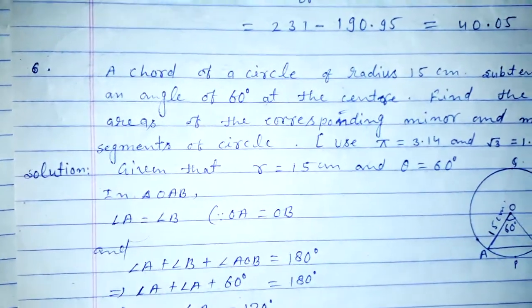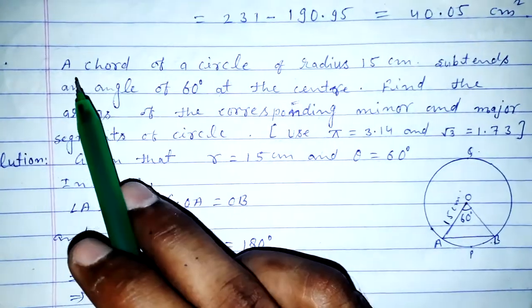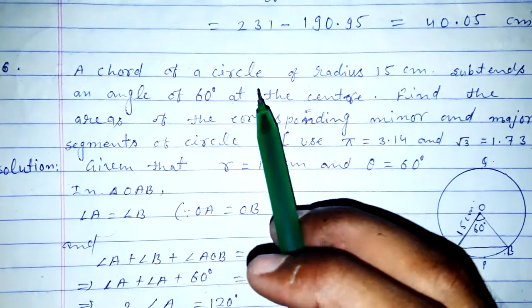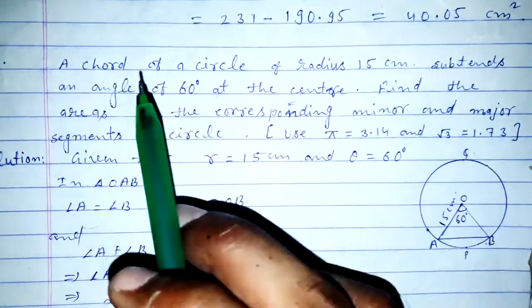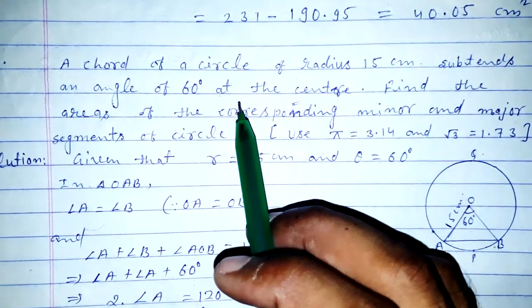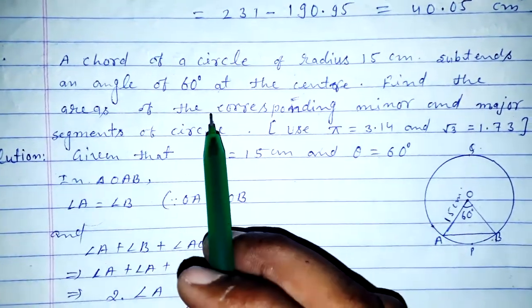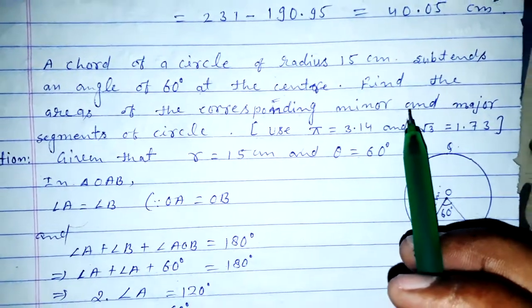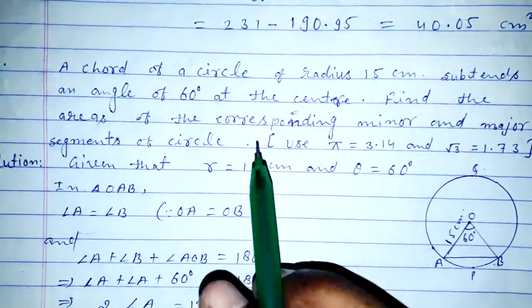Sixth question. A chord of a circle of radius 15 centimeter subtends an angle of 60 degree at the center. Find the areas of the corresponding minor and major segments of circle.